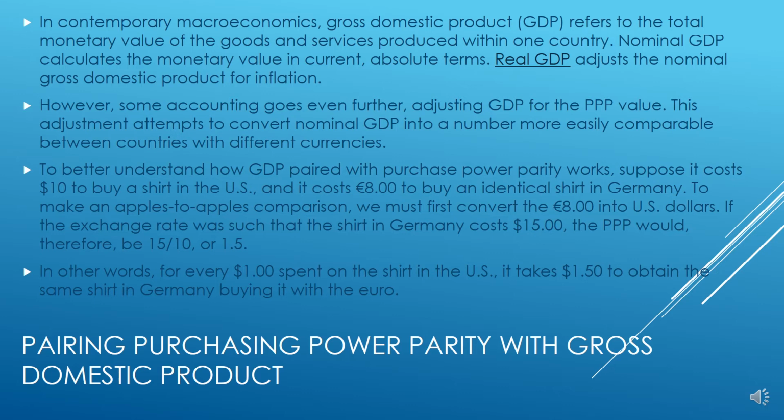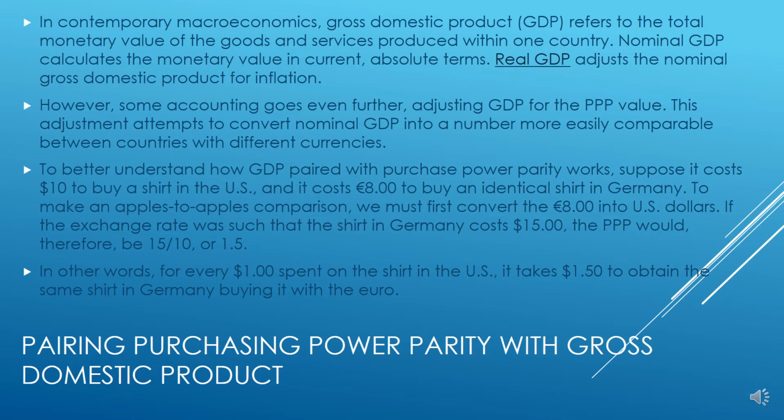Real GDP adjusts the nominal gross domestic product for inflation. However, some accounting goes even further, adjusting GDP for the purchasing power parity value. This adjustment attempts to convert nominal GDP into a number more easily comparable between countries with different currencies.